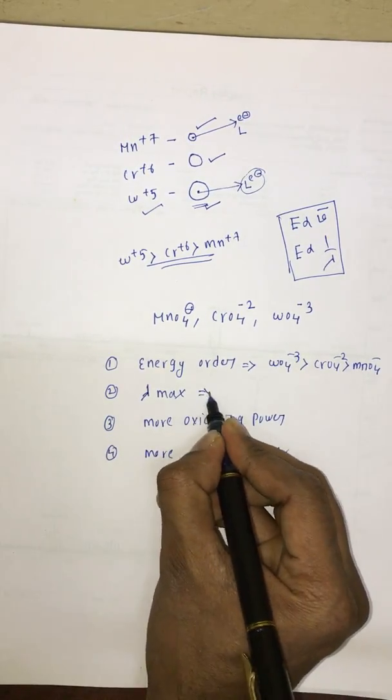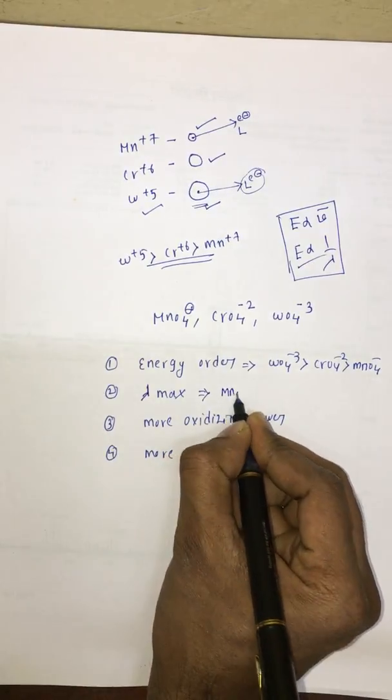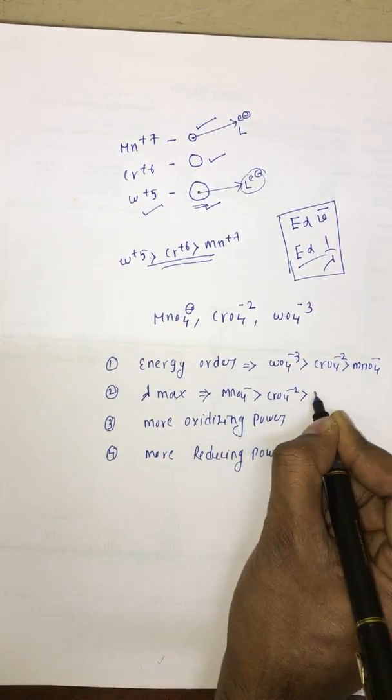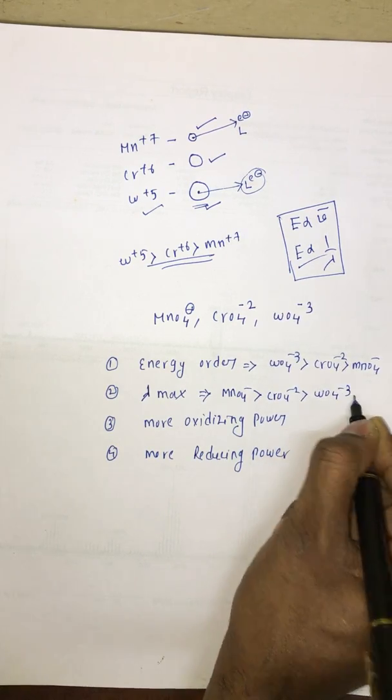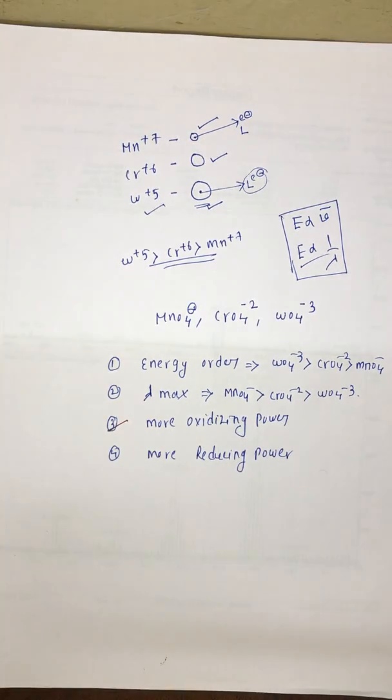And for lambda max, by this relationship it is MnO4 minus, CrO4 -2, VO4 -3. Now we have finalized two, and we'll go for the oxidizing power.